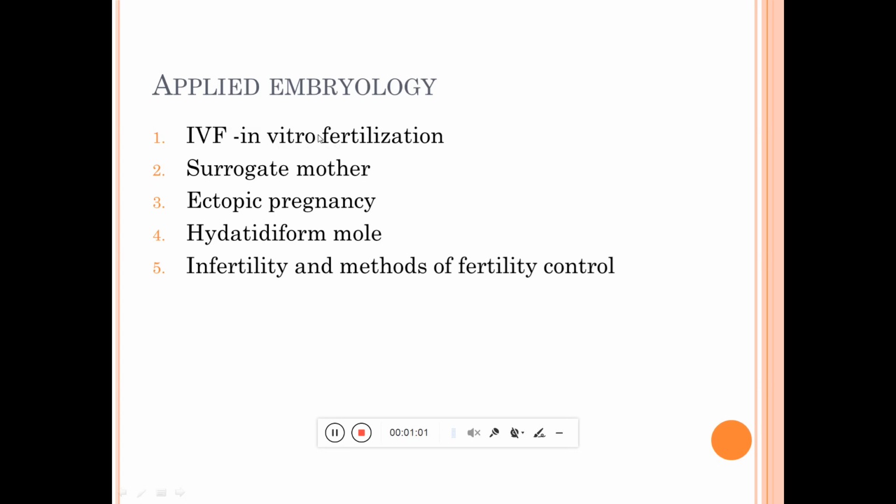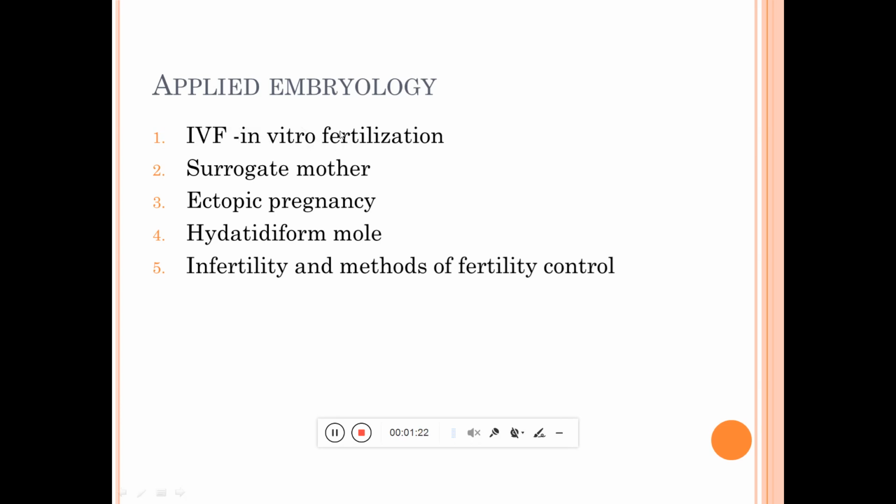Its treatment, one of the advanced ones nowadays, is known as in vitro fertilization. So what happens in this type of fertilization? Normally, due to blockage of the tube, the fusion of sperms and ovum cannot take place naturally.